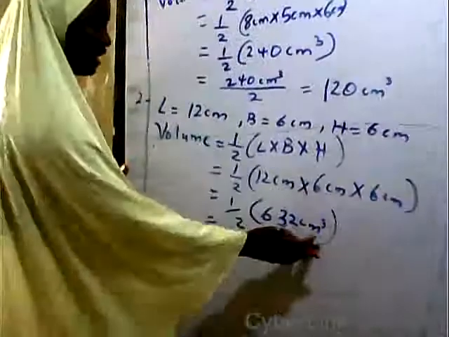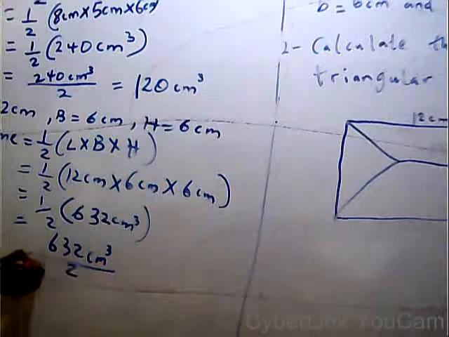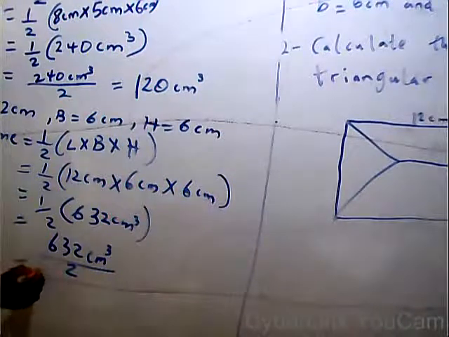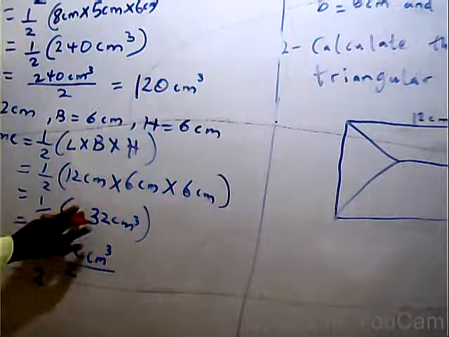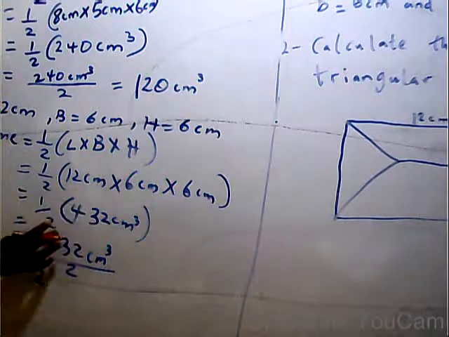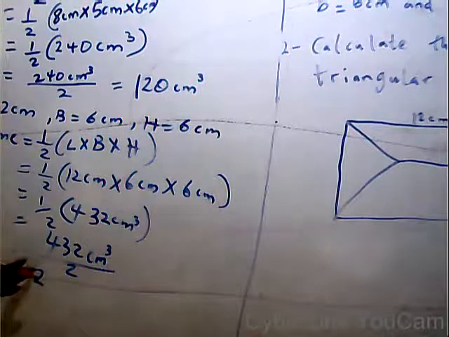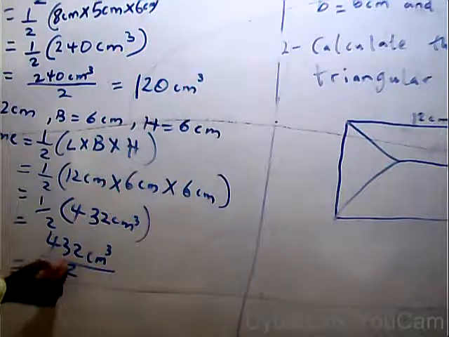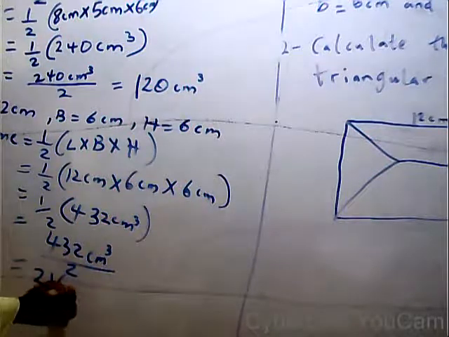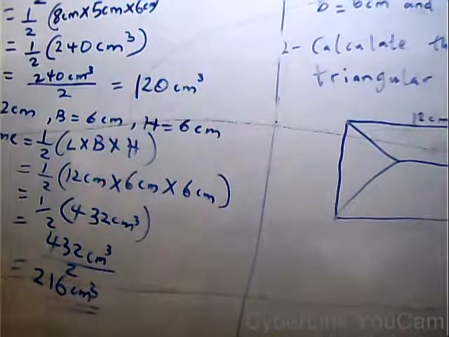We divide both sides by 2. That will be 432 centimeter cube over 2. Sorry, it is 432, not 632. 4 divided by 2 is 2, 3 divided by 2 gives 1, and in 12 we have 6. Then we have 216 centimeter cube.